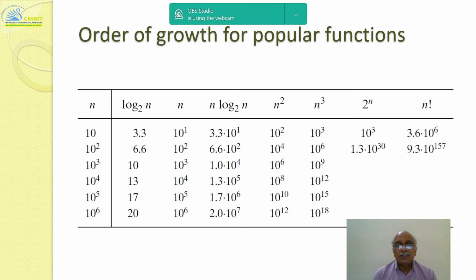So you can see there is a significant difference in the time taken when the input size becomes very large. And that's what we are interested in. So we are really interested in how the running time grows when the input size grows. That's what we focus on when we talk about analysis of algorithms.